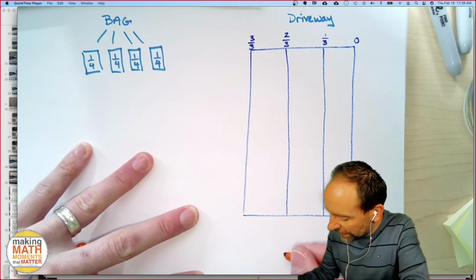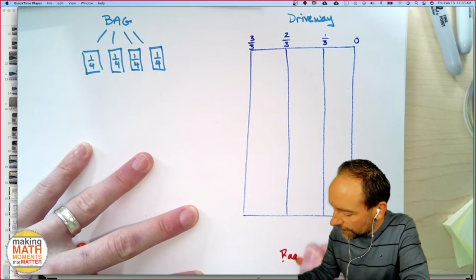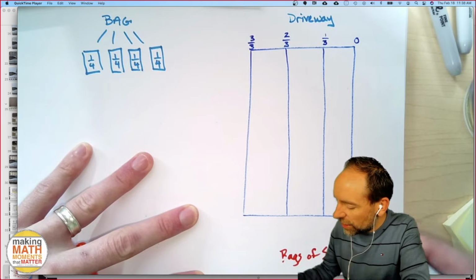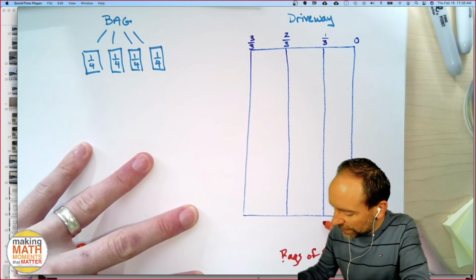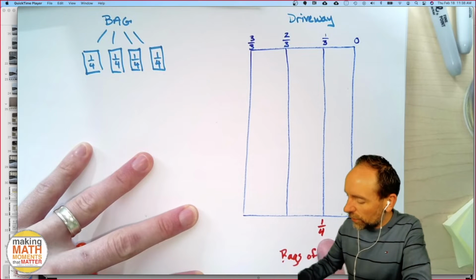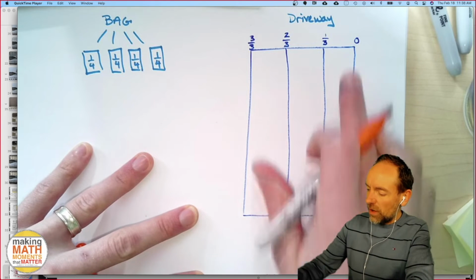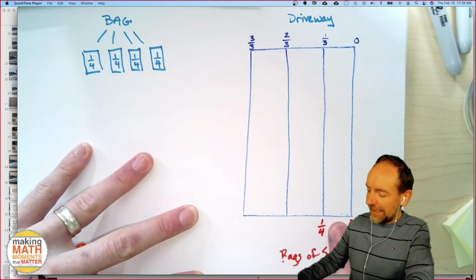Down here, if I talk about bags of salt, over here we had no bags of salt, and then right here you folks told me that this represented 1/4 of a bag of salt. I used 1/4 for this section.